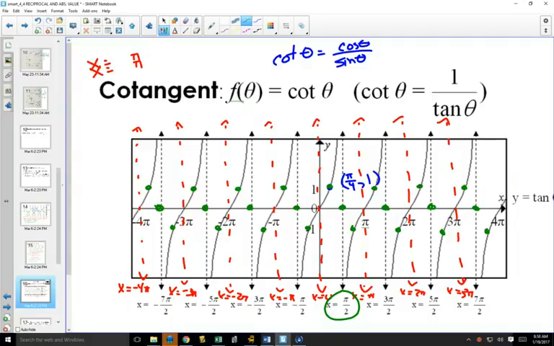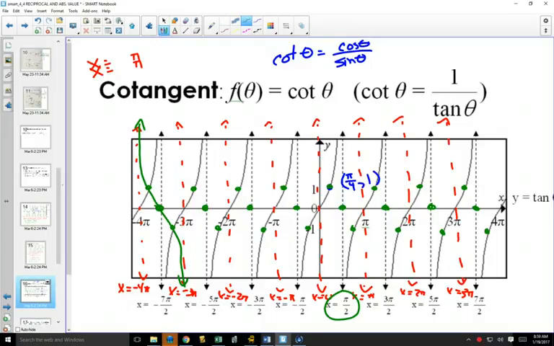So step 3 when graphing a reciprocal is do a bunch of points and then graph it towards your asymptotes. Let's look at the first section on the far left here. Can you see you have 3 points in between 2 asymptotes? Does that make sense? It goes through those 3 points and it goes towards your asymptotes.